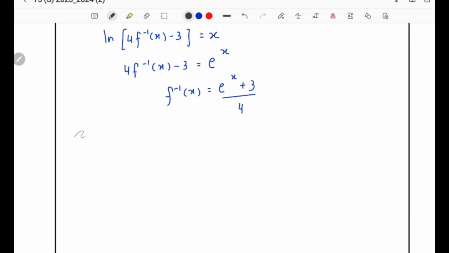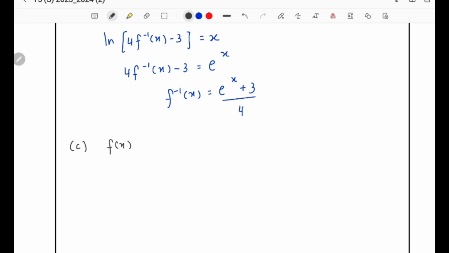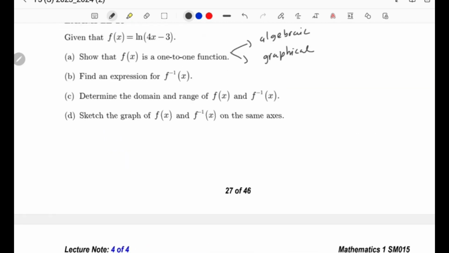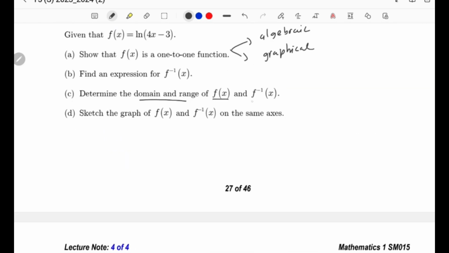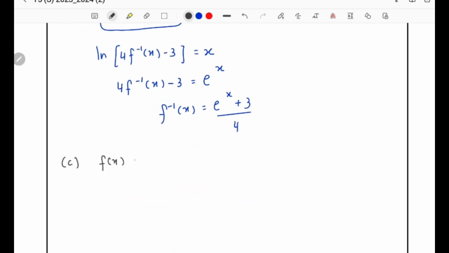C, we need to find the domain and range for the function f and its inverse. So f(x) equal to ln(4x minus 3).